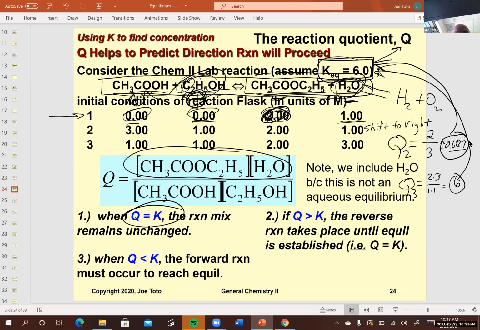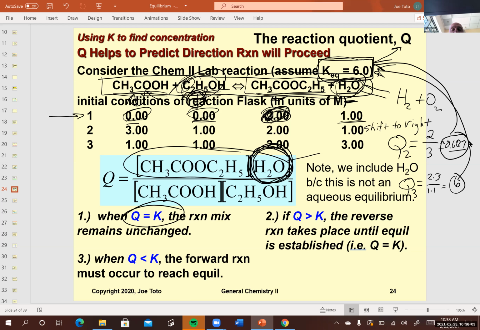In this specific example, you see that Q and K are both defined in terms of the concentration of water.